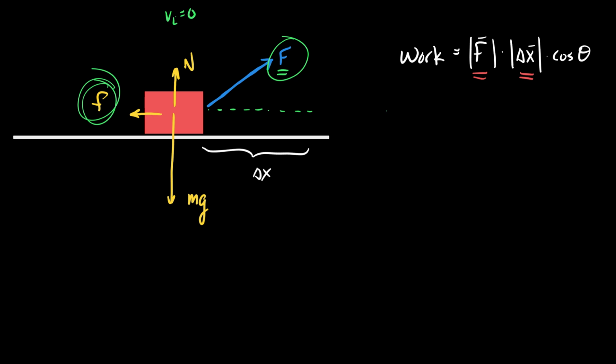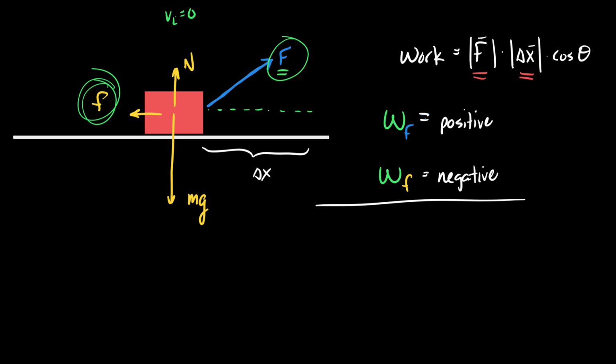So while the work done from the applied force is positive, the work done from the frictional force is going to be negative. Ultimately, what that means is there will be a certain amount of net work done.